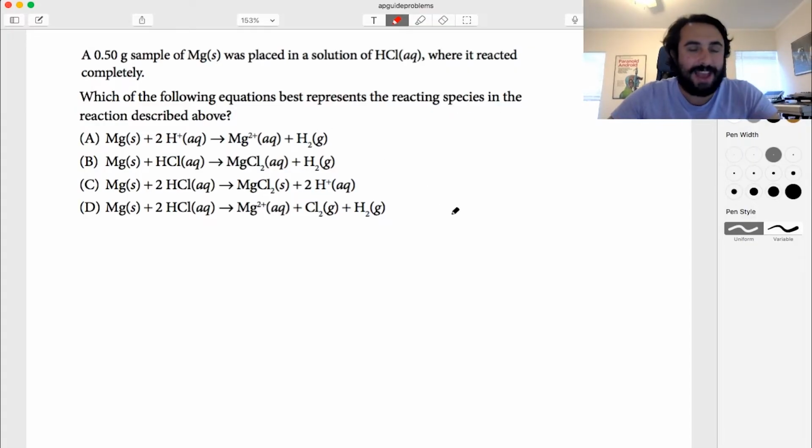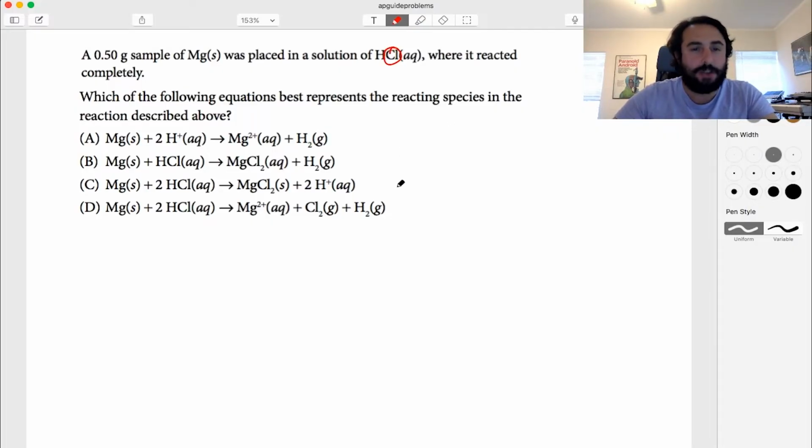So what is happening? We need to recognize this kind of reaction and realize that when we have a solid metal reacting with a Bronsted-Lowry acid like hydrochloric acid, we're going to be producing hydrogen gas, right? This is a redox reaction. And so the chloride is actually a spectator ion.